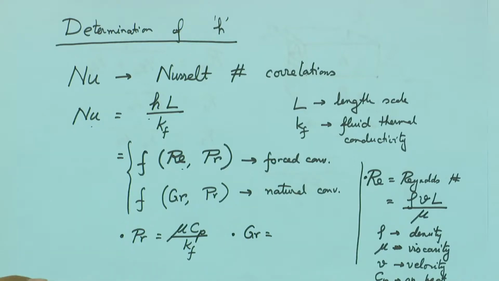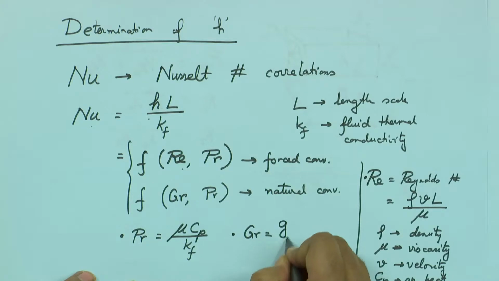So, we have something called an approximation, Boussinesq approximation, where it says that a density difference is proportional to the temperature difference, and the proportionality constant is given by a term called beta, which is the volumetric coefficient of expansion.